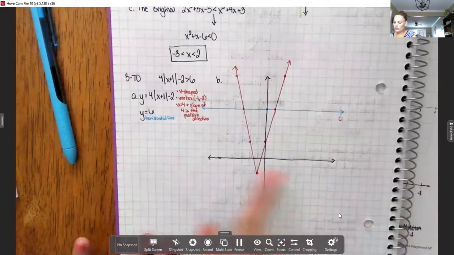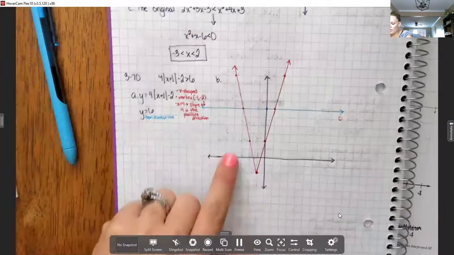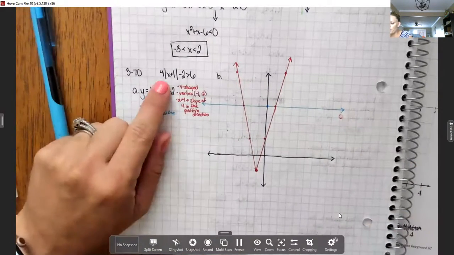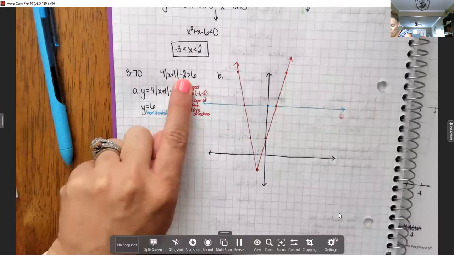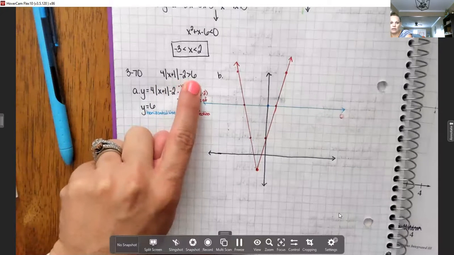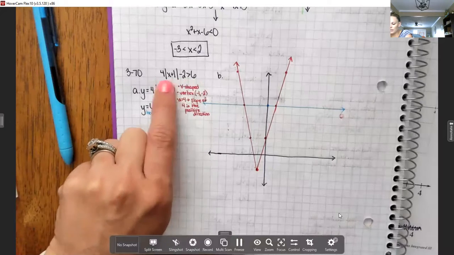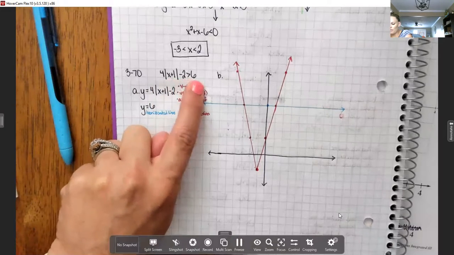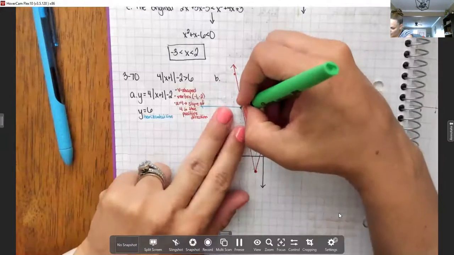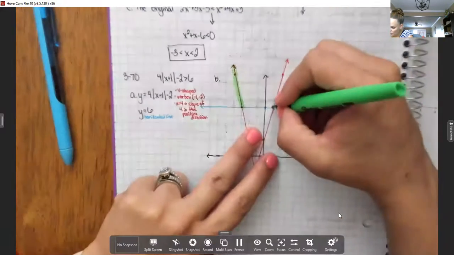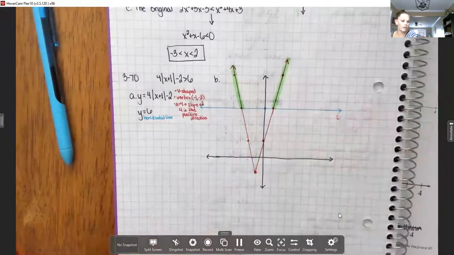So to solve this graphically, we already did it algebraically in our notes. We want to know when the absolute value is above the line. So when is the V above the line? We can see it's here and here.